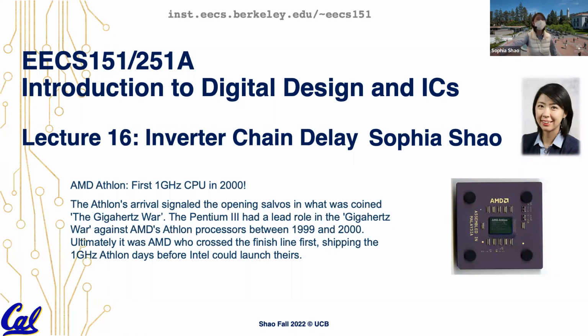Since we are talking about delay, I find it's a good time to discuss a pretty historical moment, at least for my generation, when we think about the war between Intel and AMD. We talk a lot about how different companies have different cultures and their ups and downs, right?